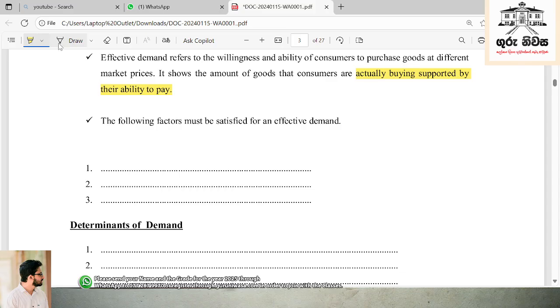Number one, the first one is, lamai, willingness, or we can say desire to buy. There should be a want, right?